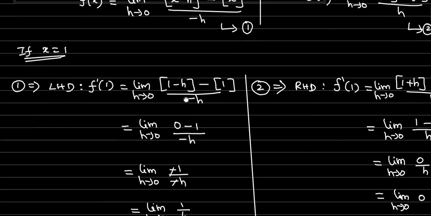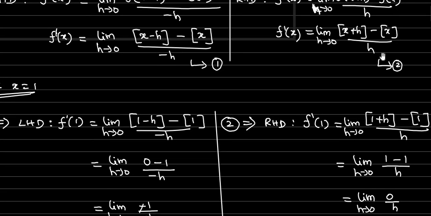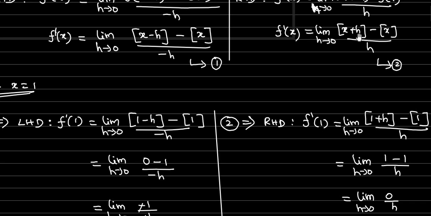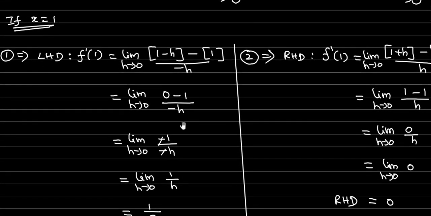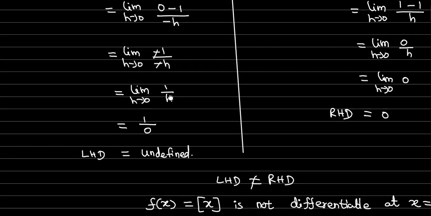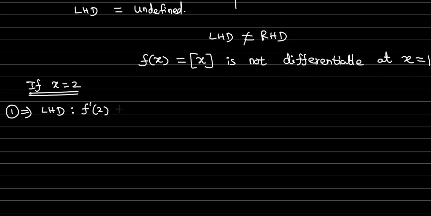So in equation 1, and in equation 2, in place of x we are going to replace 2. So let's start now. If x equal to 2, first the left hand derivative, that is f dash of 2.